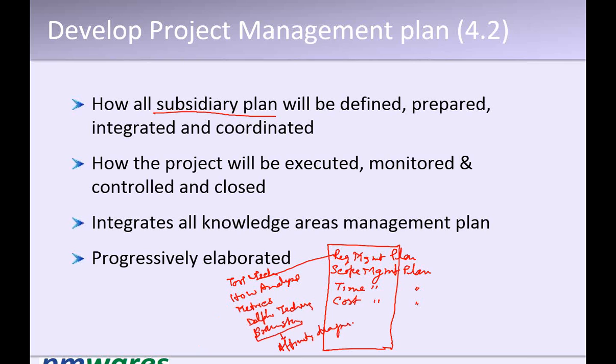Such things need to be written in the management plan. I collect the requirements through brainstorming, but brainstorming can give me a wide variety of ideas, so I will consolidate them using an affinity diagram. That is the tool I need. I know the technique to gather the requirements, and I know the tool I am going to use to analyze them.